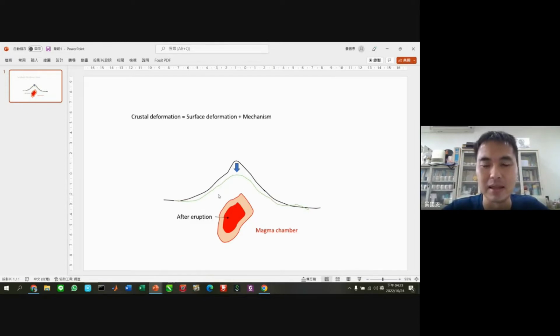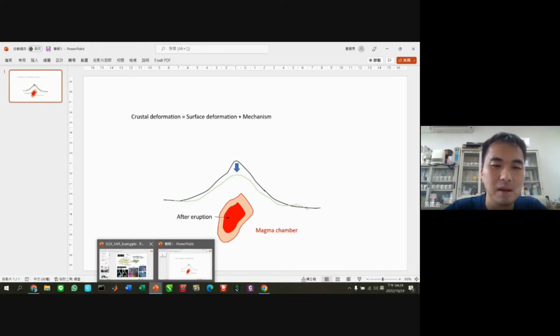So it is an areal change. It doesn't mean that if the size of the magma chamber decreases, it just causes subsidence at this point. So that is wrong.